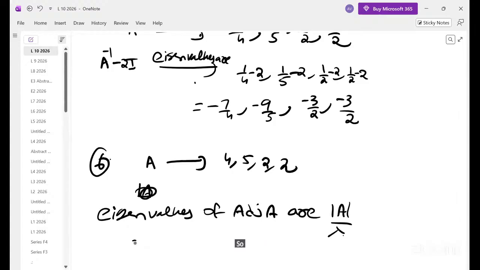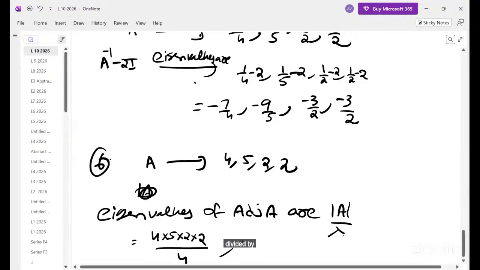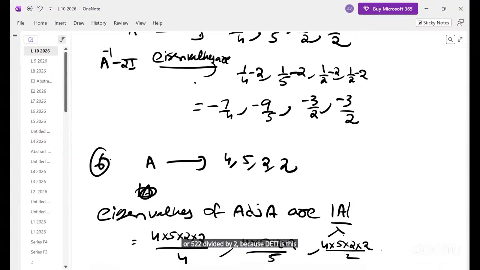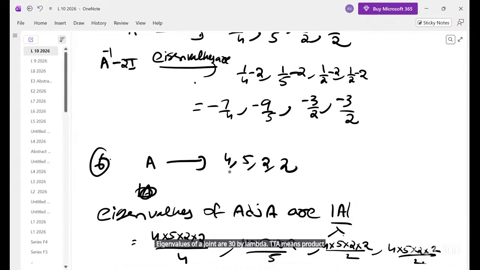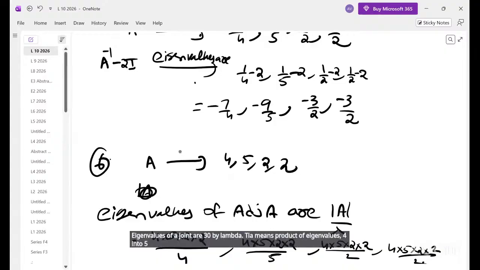So they will be 4, 5, 2, 2 divided by 4, 4, 5, 2, 2 divided by 5, 4, 5, 2, 2 divided by 2, because determinant A is 4 into 5 into 2 into 2. Eigenvalues of adjoint are determinant A by lambda. Determinant A means product of eigenvalues, 4 into 5 into 2 into 2. These are eigenvalues.